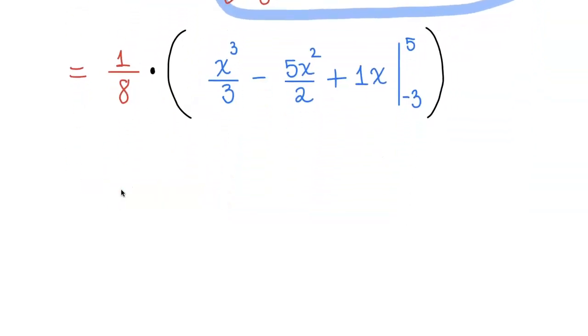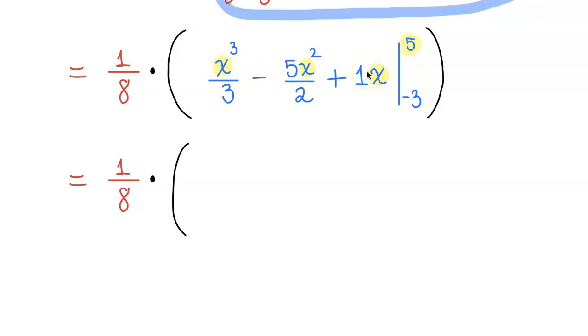So that equals 1 over 8 times, stay the same. But inside here, I first need to plug in what number? 5, into all the places I see x. I'm going to plug in 5 into these 3 yellow places.